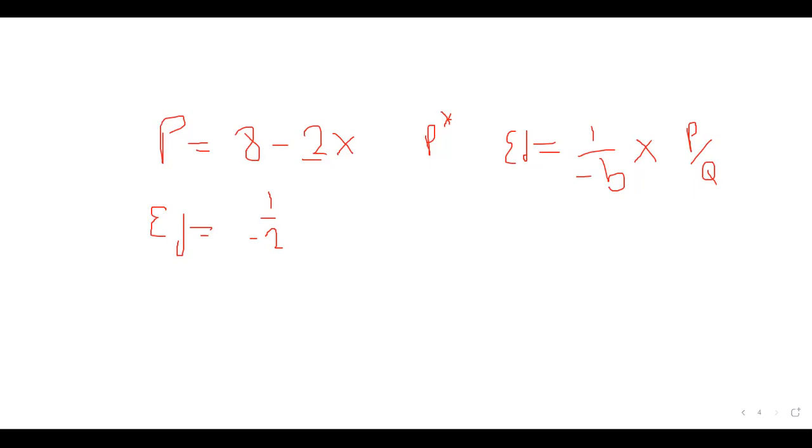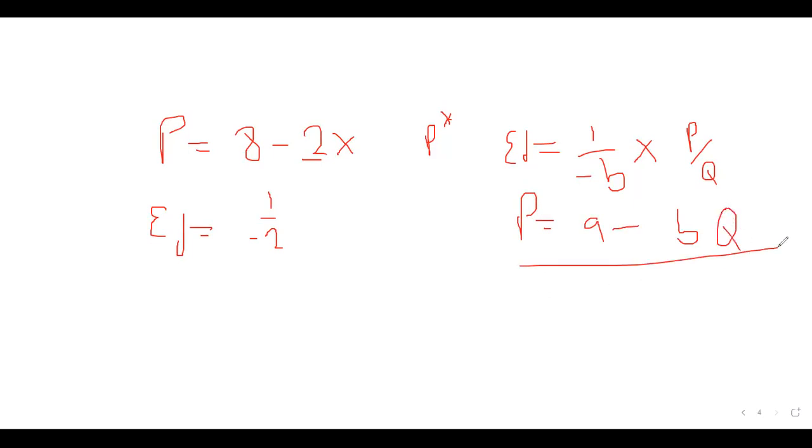So in this case, we can use any of the formulas. This is a linear equation. You can use calculus. For those who don't know calculus, you need to know that the demand function is written in terms of A minus BQ.